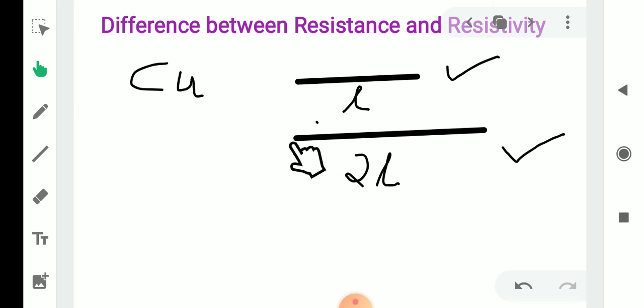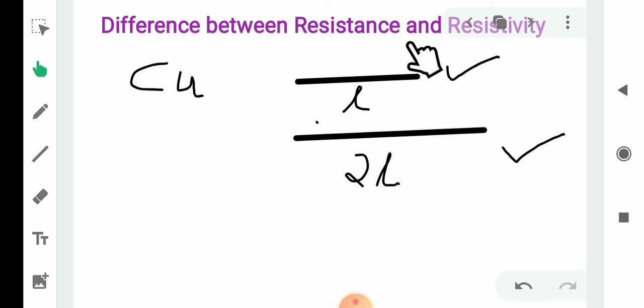Resistivity depends on the nature of the material, but resistance depends on length and also on the area of cross section. It may be of the same material, but it depends on length and area of cross section. So you all understood now the difference between resistance and resistivity, right?